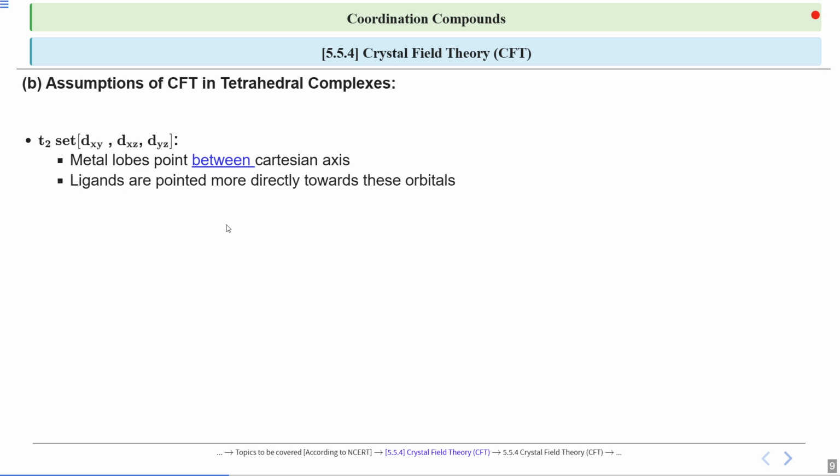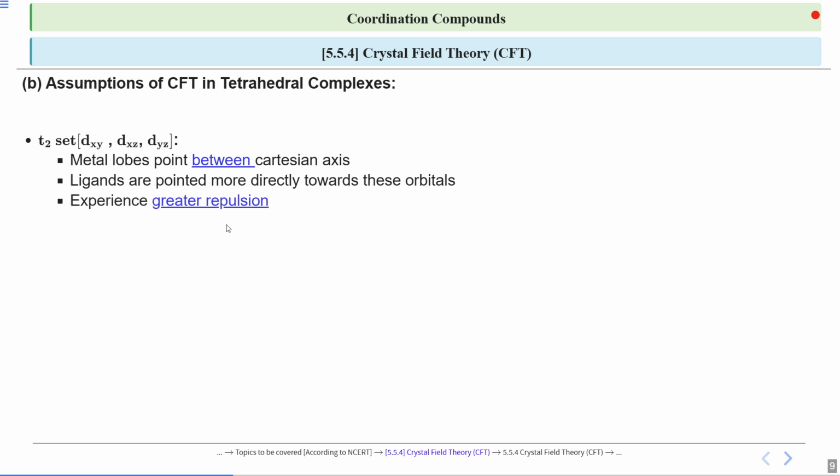That means the direction is going to be similar: the metal lobe direction between the Cartesian axes and the ligand direction directly towards these metal lobe orbitals. So the direction of both ligands and metal d orbital lobes is going to be similar, in the same way.